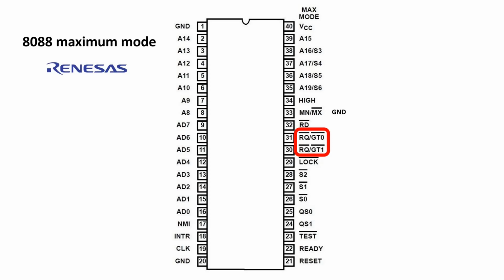The downside is request grant is an IO pin, and there's a complicated protocol in order to actually put the processor into tri-state and to release it. In maximum mode, the address pins, the AD pins, not read, not lock, the three status pins, not S0, S1 and S2, are all floated, and also not bus high enable is floated on the 8086.